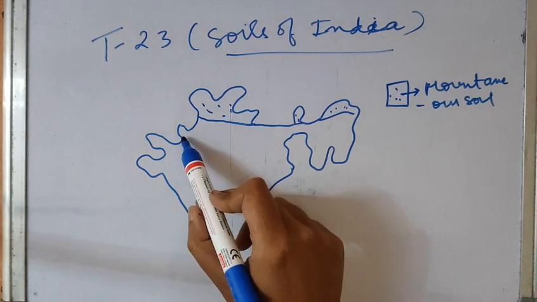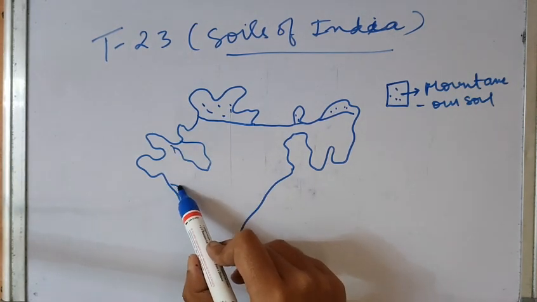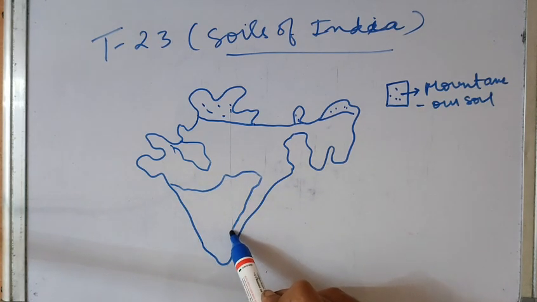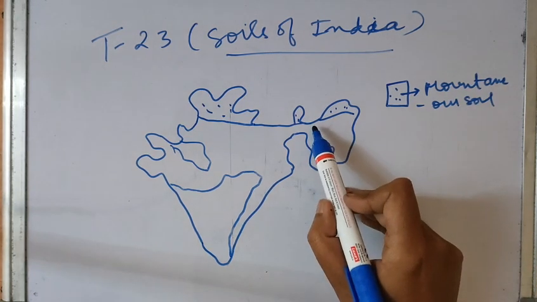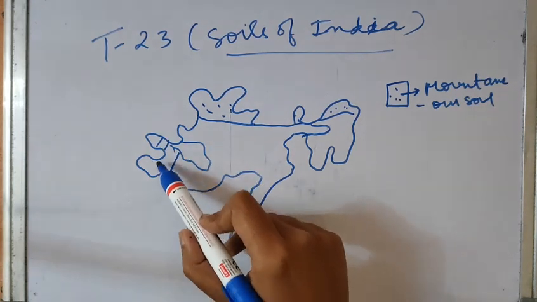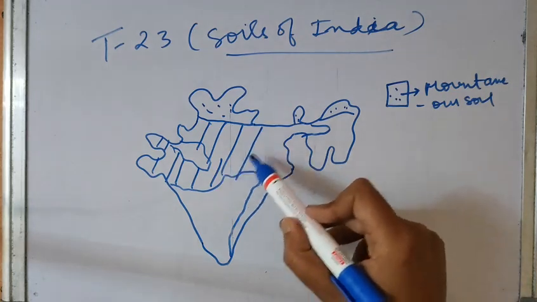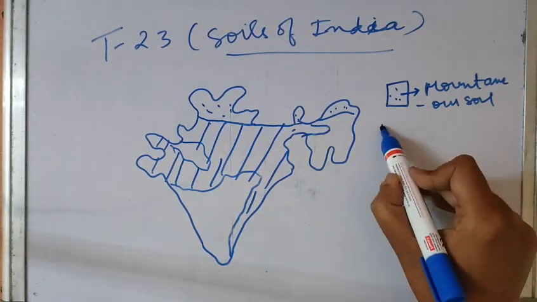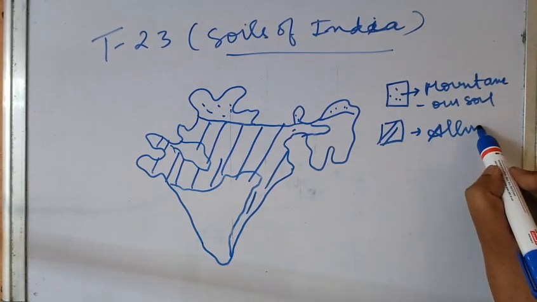Now moving on to this vast region. This vast region is of alluvial soil. The Indo-Gangetic belt, the Gangetic belt. This is alluvial soil.